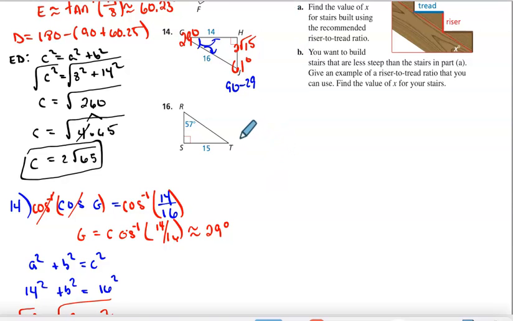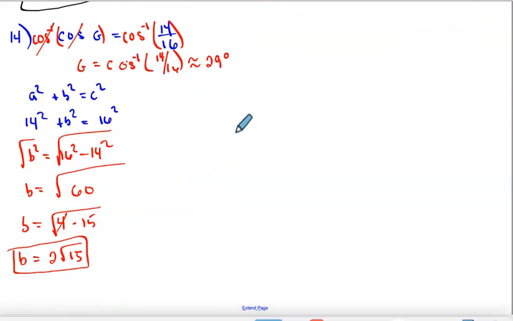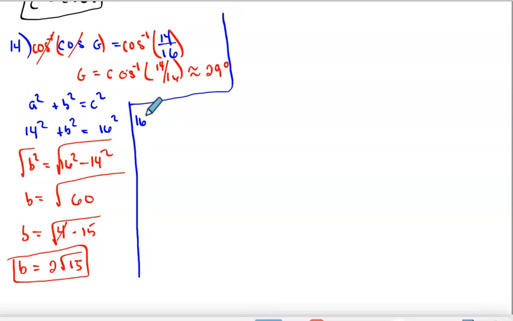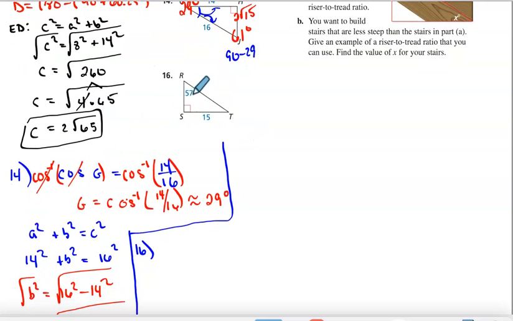All right, last one, number 16. I'll do this one in green. So in 16 I have the angle, cool. So I have 57.